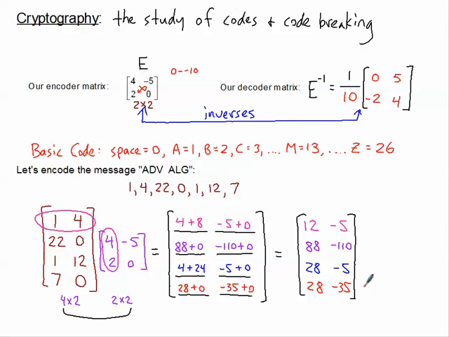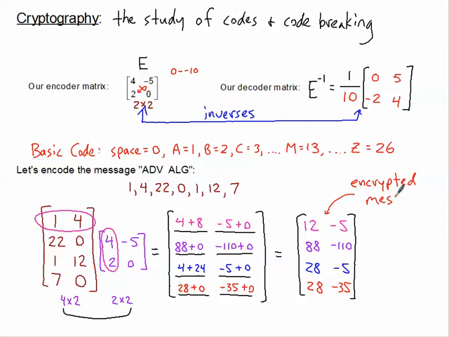So what we did was we took our message, assigned numbers to each of the letters, put those numbers into this matrix, and then encoded it by multiplying by the encoder matrix, which again was just some random matrix that I keep secret from everybody. Once I've done that math, this is my encrypted message.